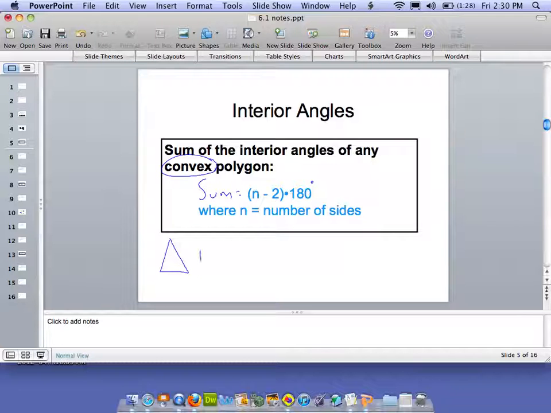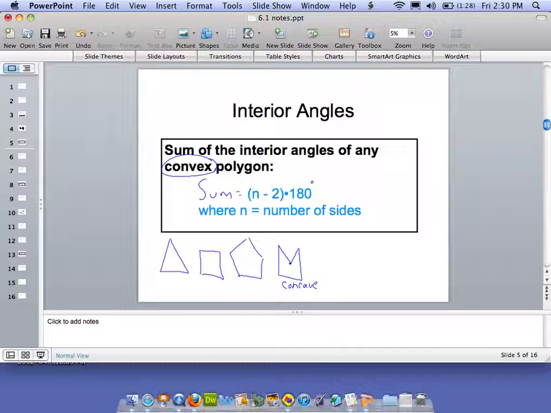Convex is any polygon where the vertices are pointing outward. So these three examples would be convex. If I draw something that looks like this, so that there is actually a vertex that's pointing toward the interior, this would be called concave. The formula above only applies to convex polygons.